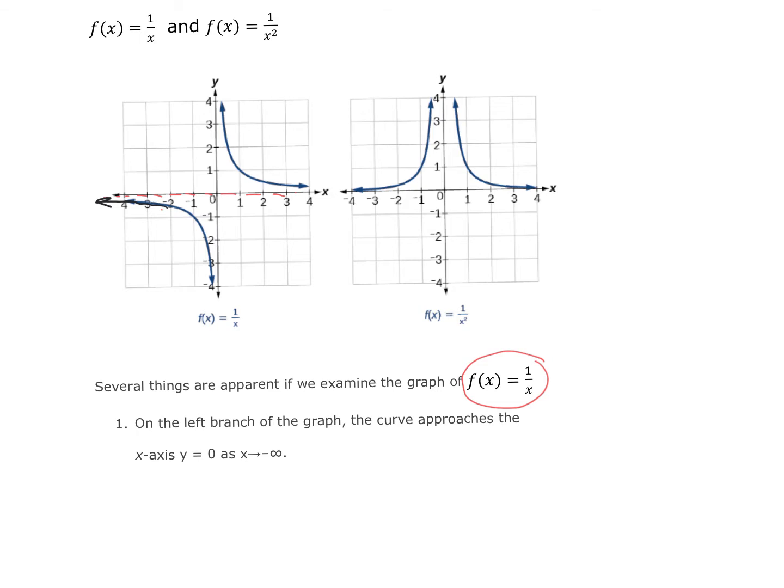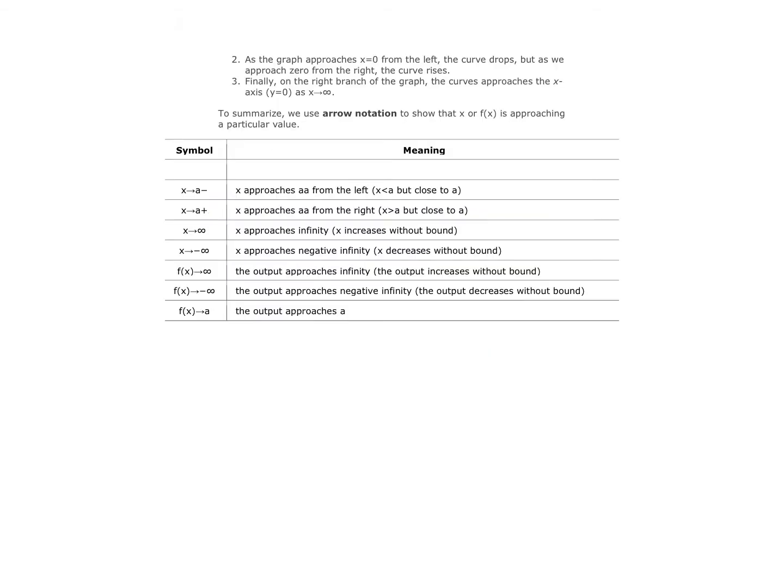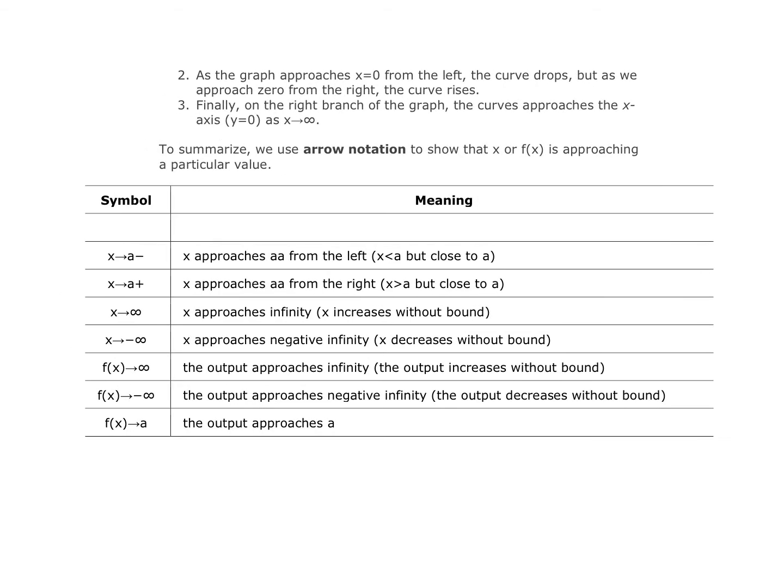We also notice as x approaches 0 on both the right and the left branches, the graph approaches negative infinity and also positive infinity. So here's our asymptote here. And then for the right-hand branch, as we approach infinity, the function approaches 0. So we see that as well.